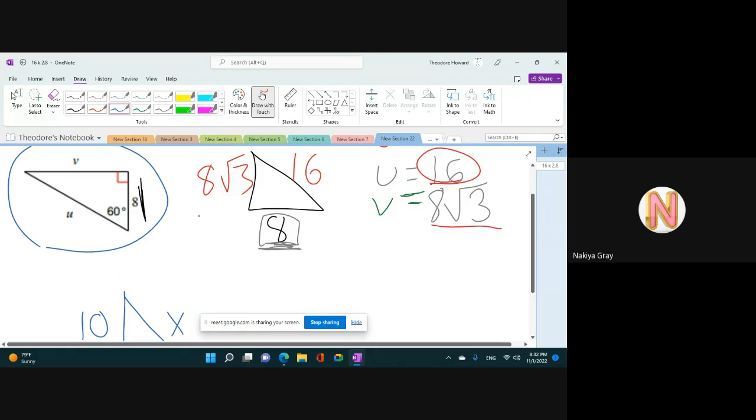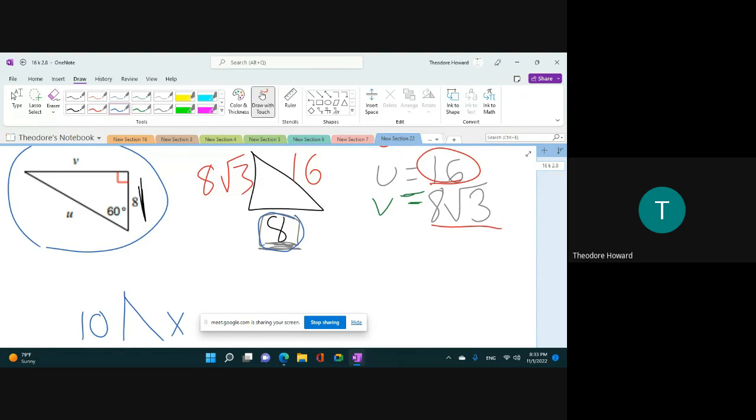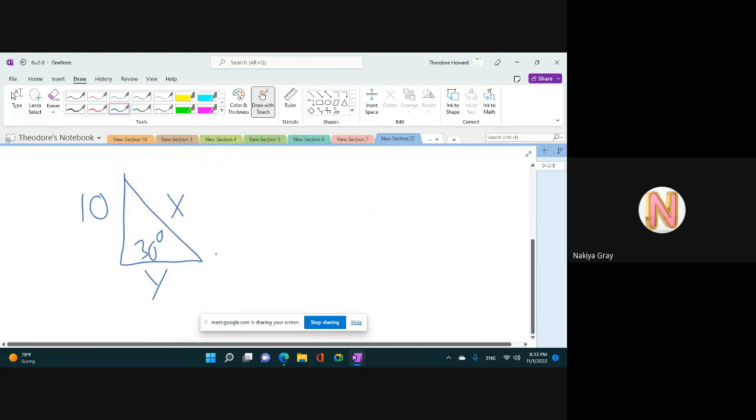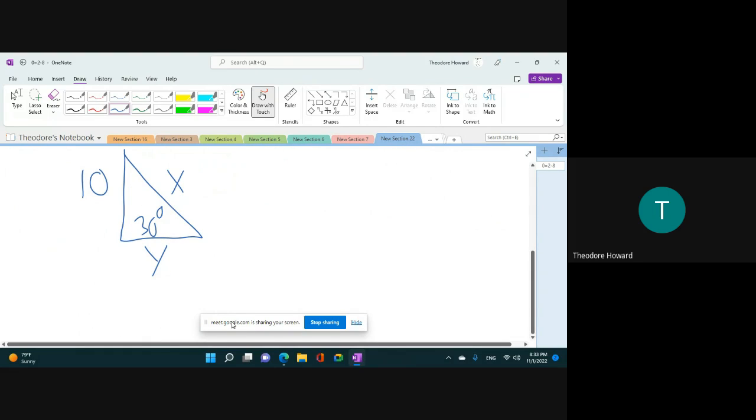Hold on. Remember how that triangle gave us this guy right here? How we started out with 8? So let's go ahead and figure this out here. When it looks like this, I want you to make sure that you draw these pictures and stuff down. I want you guys to strategize about the looks of this.